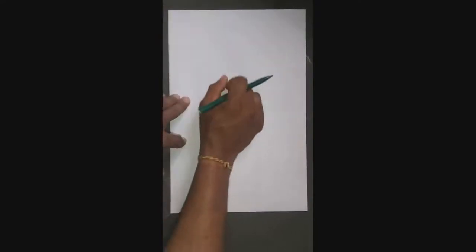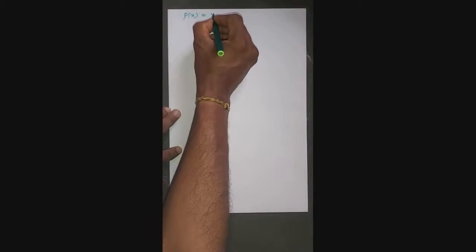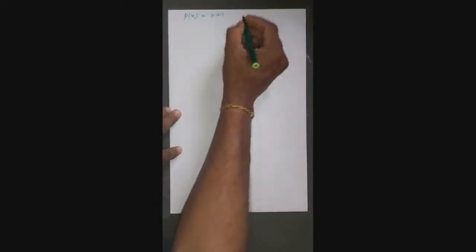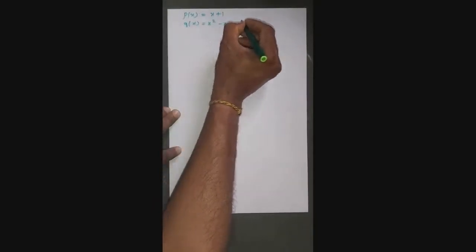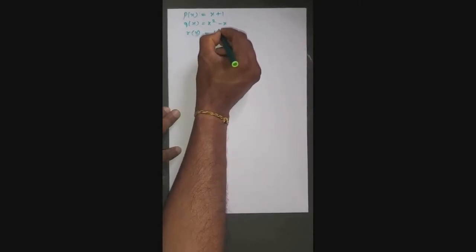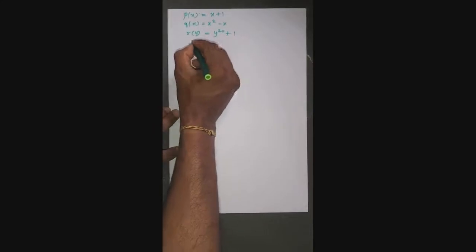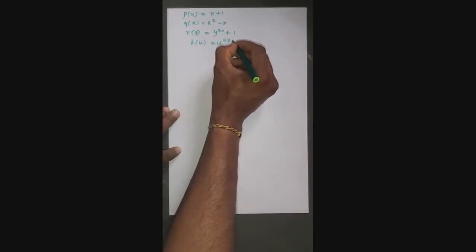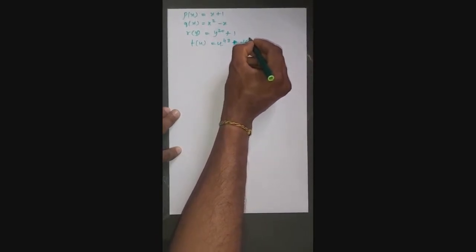Now observe each of the following polynomials: p of x is equal to x plus 1. Here how many terms are there? Two terms, right? And q of x is equal to x square minus x, and r of y is equal to y to the power of 20 plus 1, and one more, t of u is equal to u to the power of 43 minus u to the power of 2.